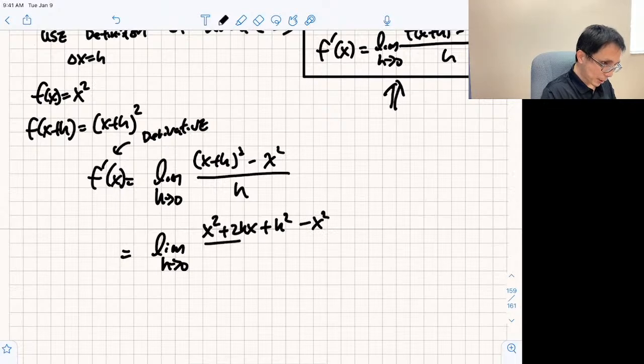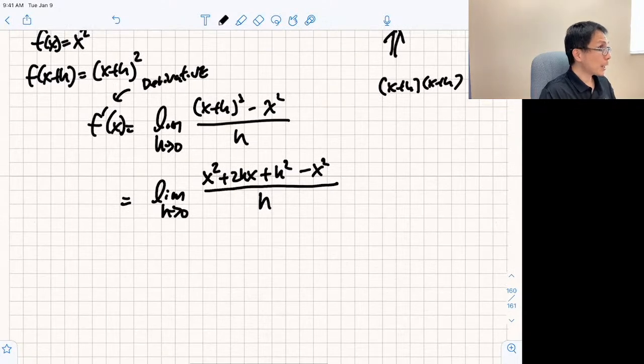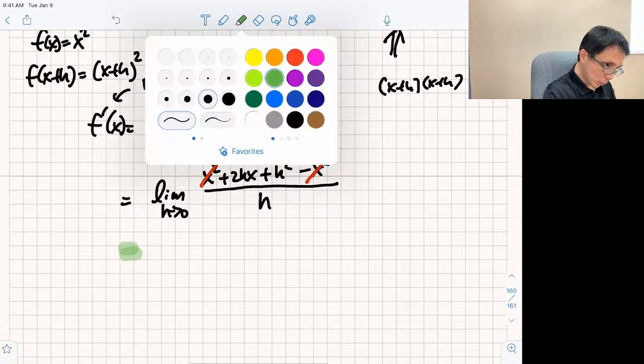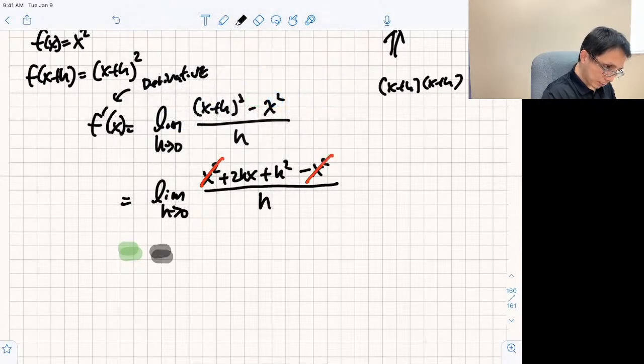You have to make sure you expand it properly, or you just write down x plus h times x plus h. You get x squared plus 2hx plus h squared, over h. Can we simplify anything here? The x squared, good. So they go away. Are we okay?